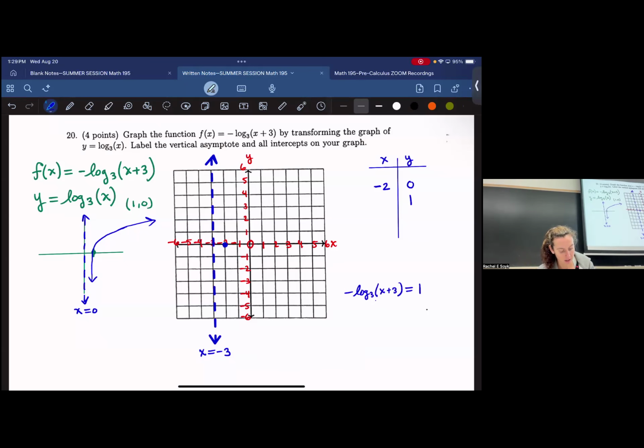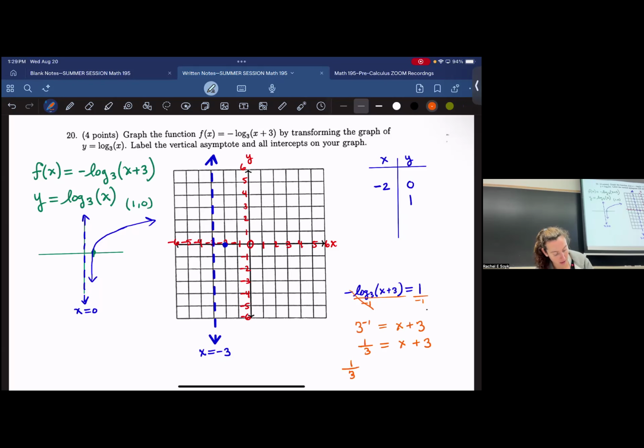And so we get 3 to the power of 1 is 3, which is equal to, let's actually, I'm going to divide this by a -1 first. So 3 to the power of -1 is equal to x plus 3. So what value of x makes this true?